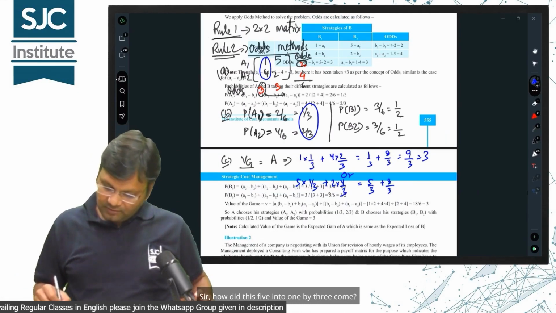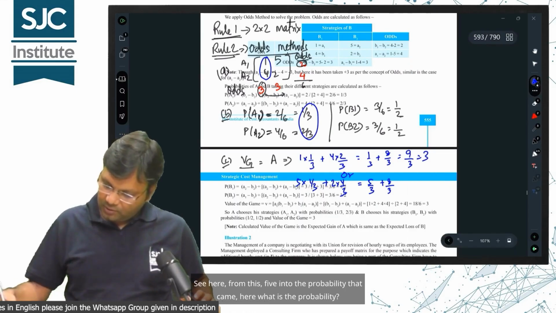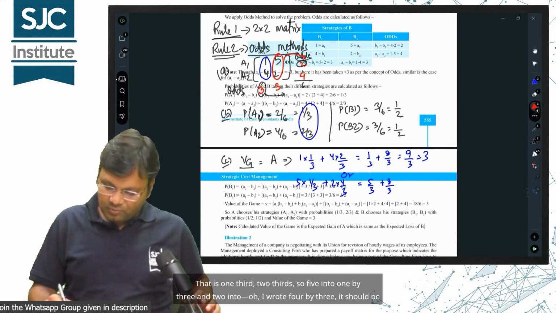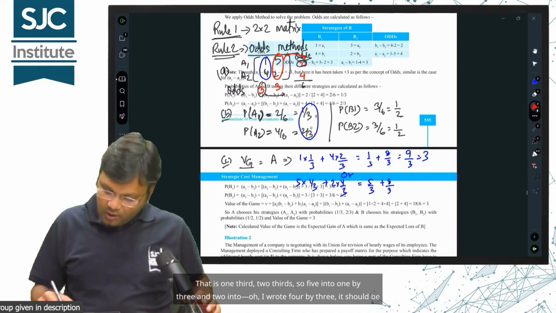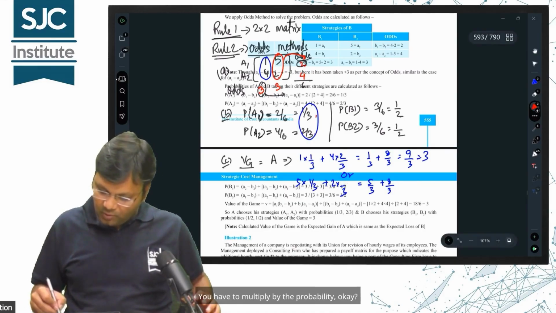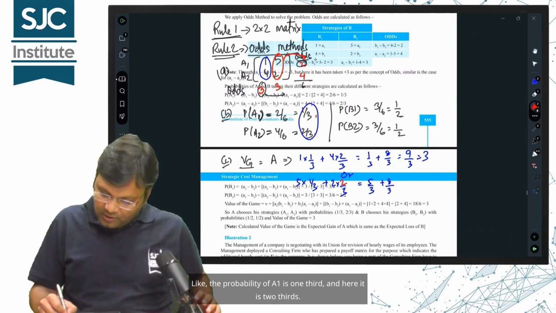Sir, how did this 5 into 1 by 3 come? See here, from this 5 into the probability that came, here what is the probability? That is 1/3, 2/3, so 5 into 1 by 3 and 2 into, or I wrote 4 by 3, it should be 2 into 2 by 3. You have to multiply by the probability, okay? Like, the probability of A1 is 1/3 and here it is 2/3.